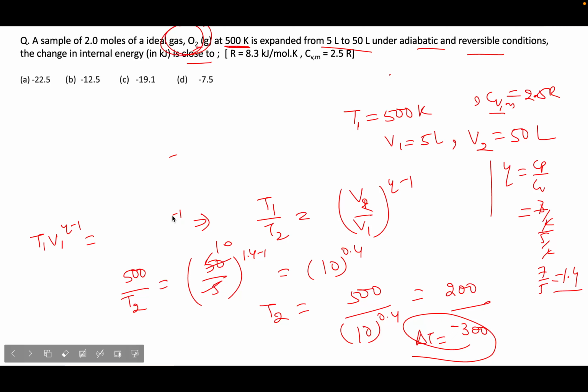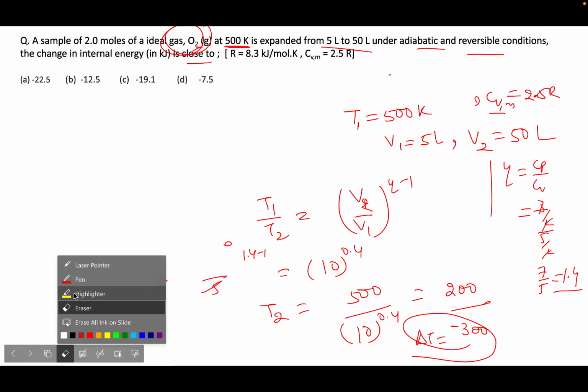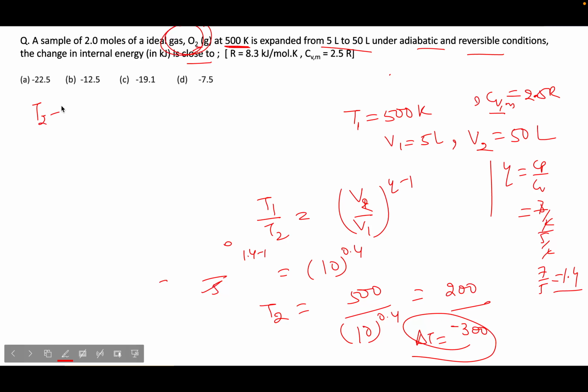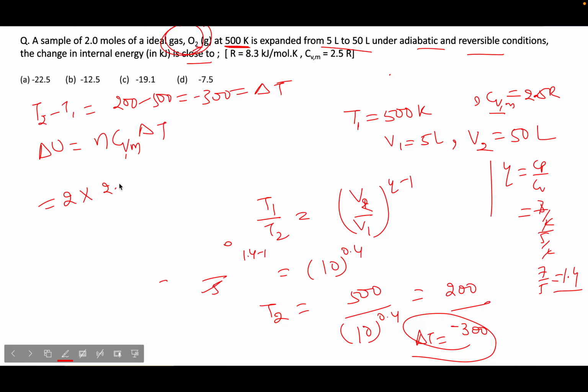Now it is easy to calculate delta U, since we have all the values. T2 minus T1 is 200 minus 500, that is equal to minus 300. This is equal to delta T, and delta U is n Cv molar delta T. The number of moles here is 2, Cv is given 2.5 into R, and delta T is minus 300.